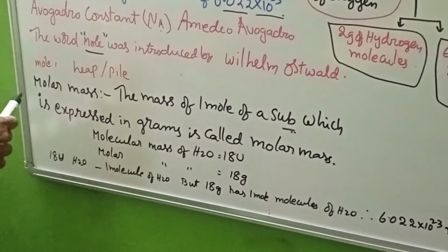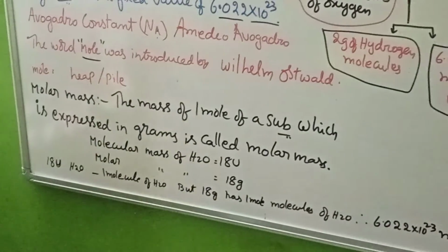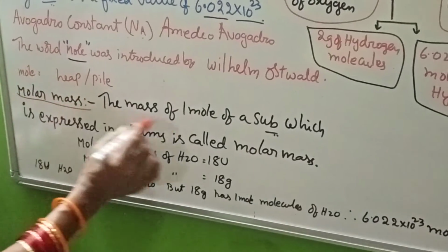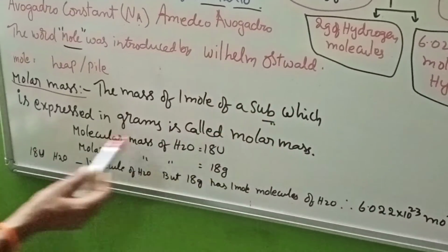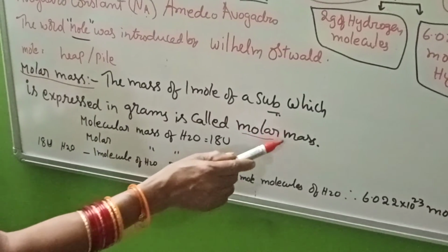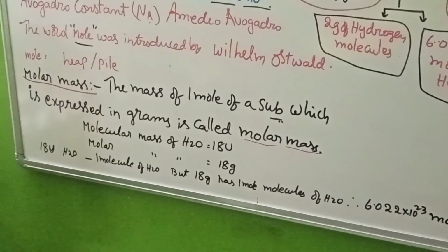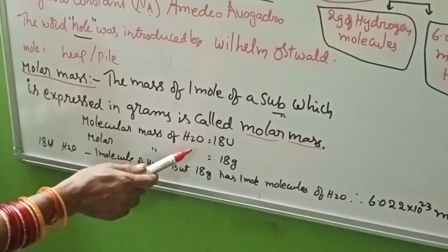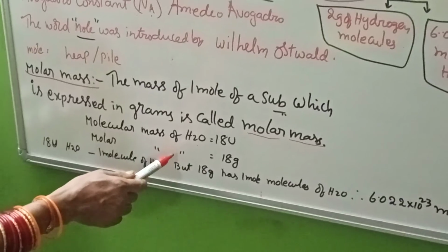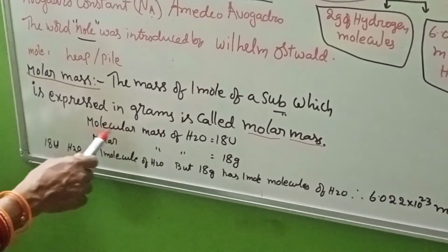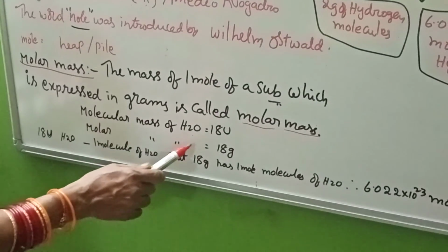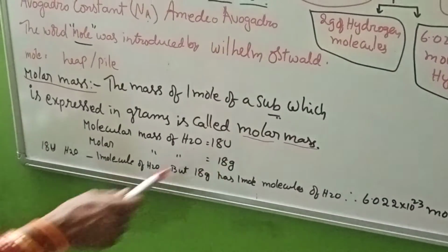Next, molar mass. The mass of 1 mole of a substance expressed in grams is called molar mass. Molecular mass of water is 18 units and molar mass of water is 18 grams.